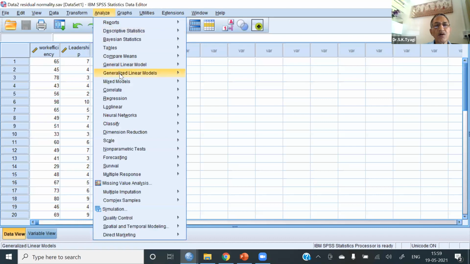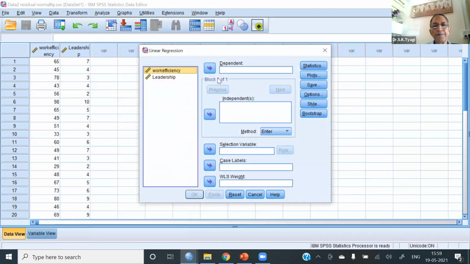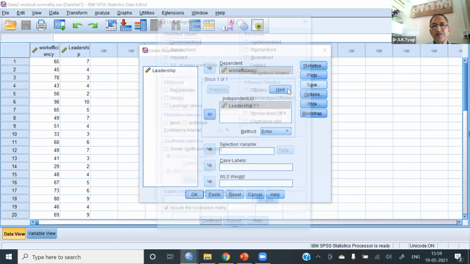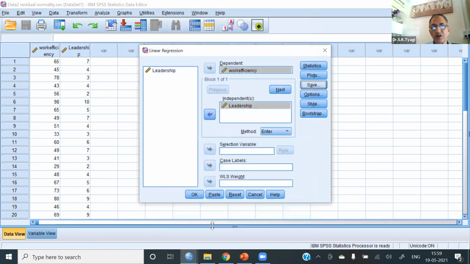So again: analyze, regression, linear, work efficiency as dependent, and leadership as independent. Save, Mahalanobis, Cook, and leverage. Continue. Okay, okay.